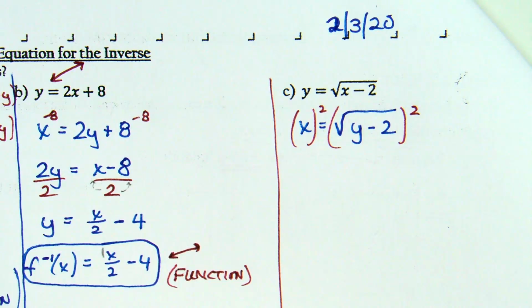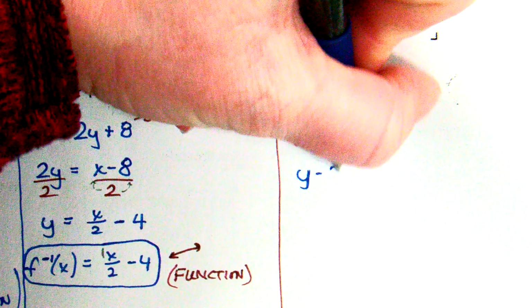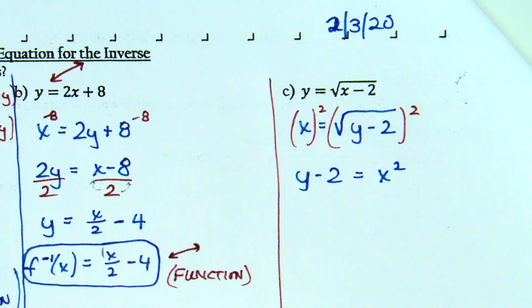What is the square root of y minus 2 squared? Y minus 2. When you square a square root, you get whatever is under the radical. What is x when you square it? X squared. So what's the equation I have at this point? X squared equals y minus 2.